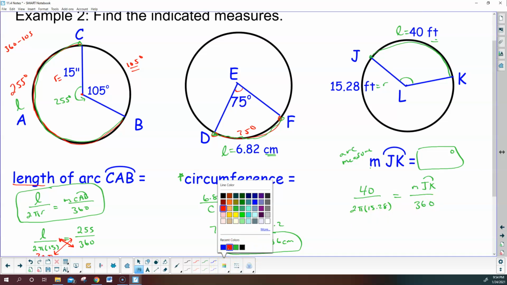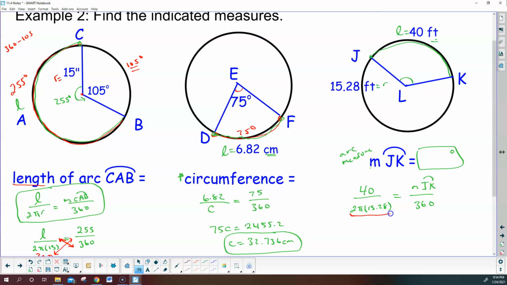So then what I would do is I would just do this part first and figure out what that is. Notice there's a decimal here. Let's take the rounded answer. So let's actually use the pi button. And I'll get 96.007. So I'm going to cross multiply.